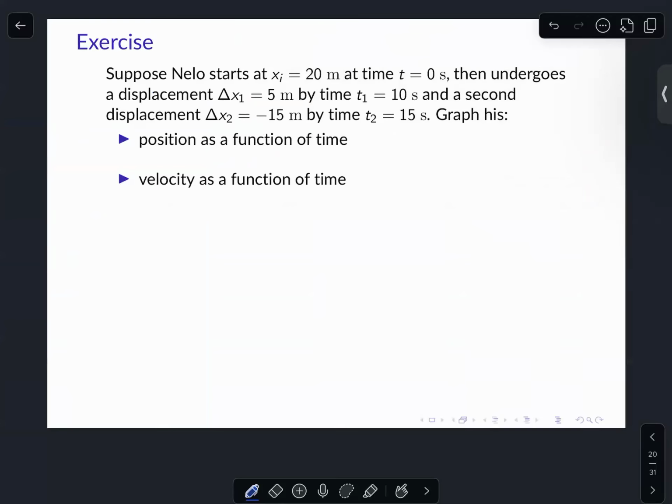Sketch a position time graph. You can't enter this in the Google form. I don't see how you possibly could. So just on your paper with your classmates, sketch a graph of position time. We'll do velocity in a second.